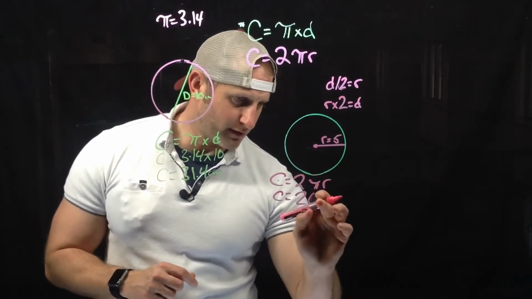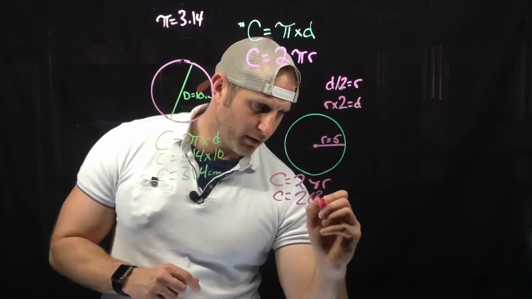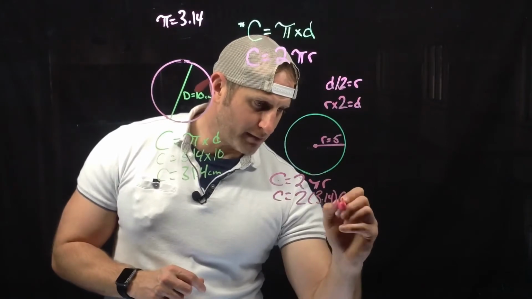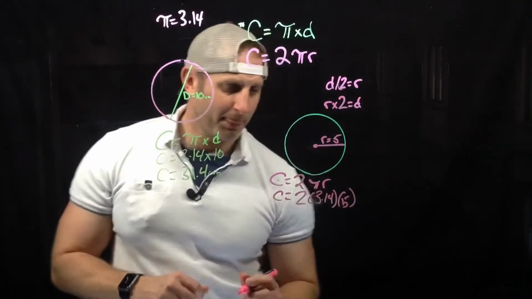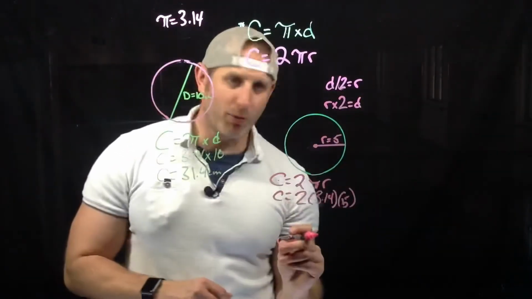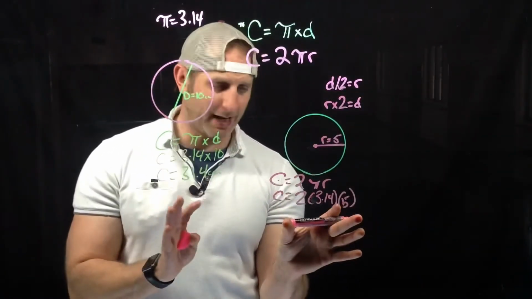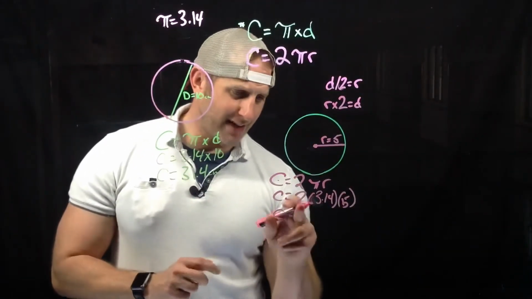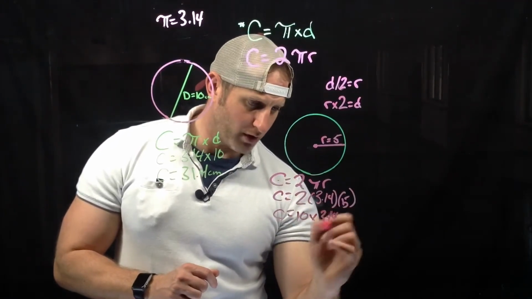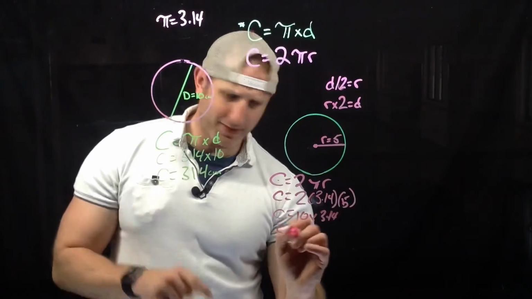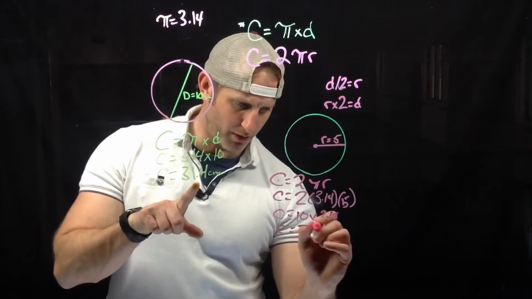Not a very good erasing job either. 3.14 times r, which is going to be 5. Now, if I put these together, do some multiplication here, you can see that 2 times 5 is 10, times 3.14. 10 times 3.14 was exactly what I got here.